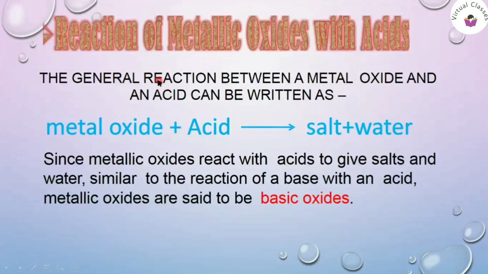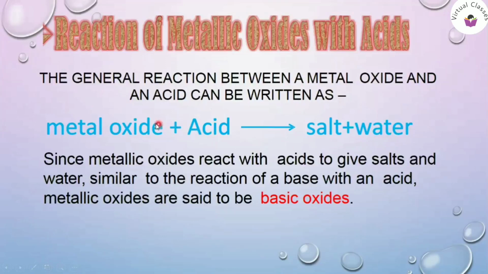Now let's see how metallic oxides react with acid. The general reaction between a metal oxide and an acid can be written as metal oxide reacts with acid to give out salt and water.